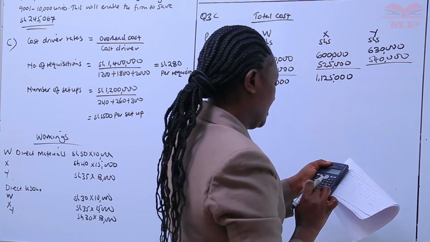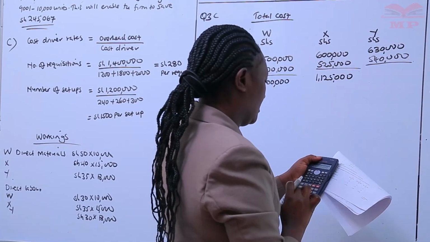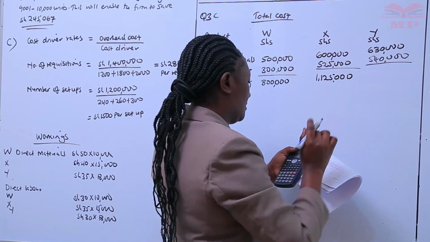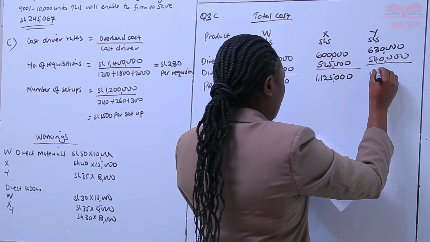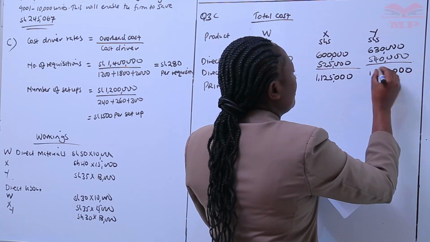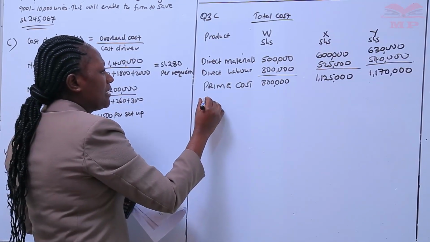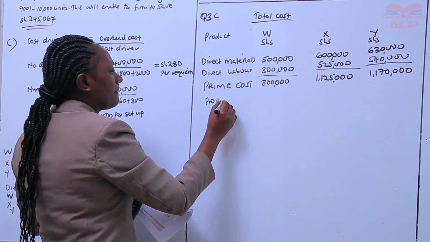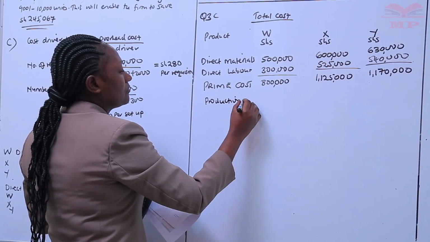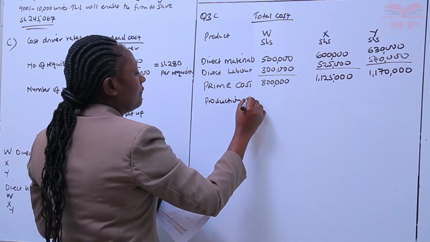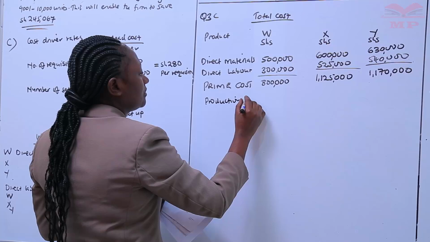Then for Y, 1,170,000. From there, we now calculate the production overheads or cost.